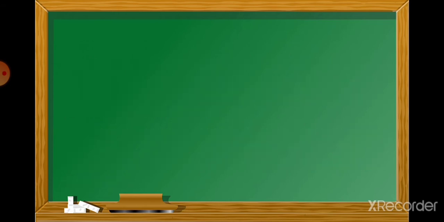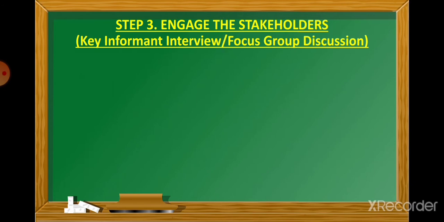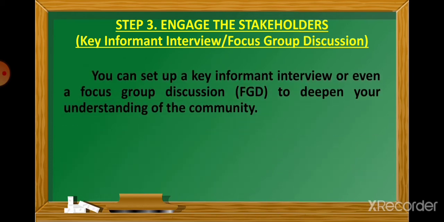So the third step is to engage the stakeholders, through the key informant interview and focus group discussion. The only way to know the community is to engage it firsthand. You can set up a key informant interview or even a focus group discussion, or FGD, to deepen your understanding of the community.